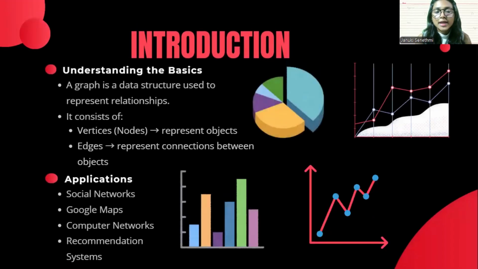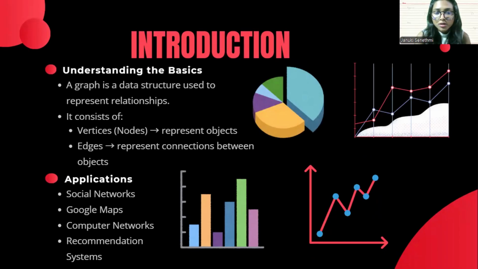Before we talk about adjacency list, let's first understand what a graph is. A graph is a data structure used to represent relationships between objects. A graph consists of two main components: vertices, also called nodes, which represent objects, and edges, which represent the connections between those objects.